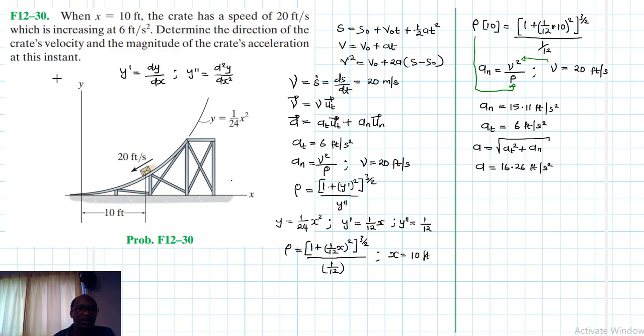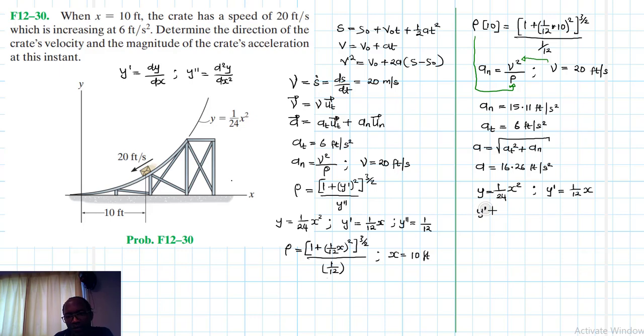So we are done with the first case. We need to find the direction. We can find it using the slope of this particular curve, which is governed by this y. We know that y is equal to 1 divided by 24 squared x squared, and y prime, the first derivative, which defines the slope, is equal to 1 divided by 12 x.